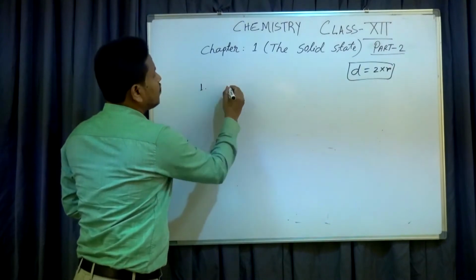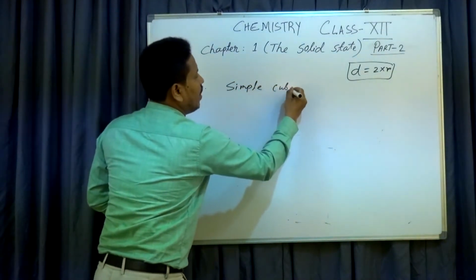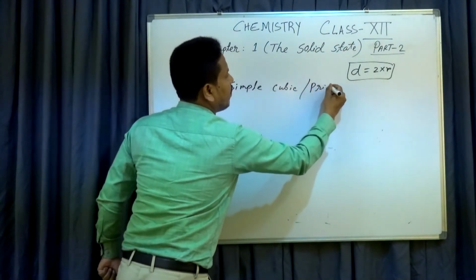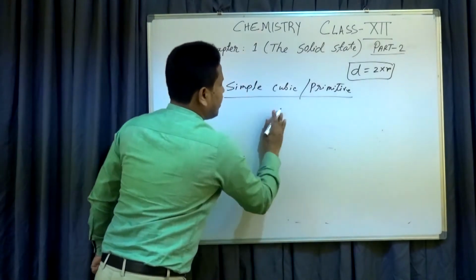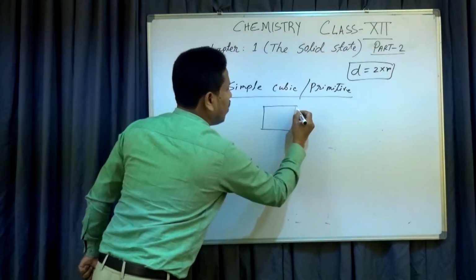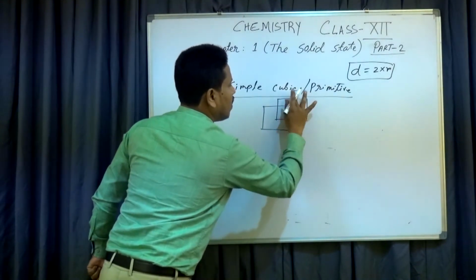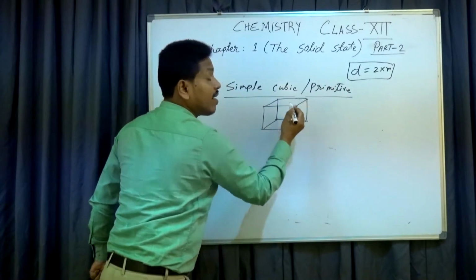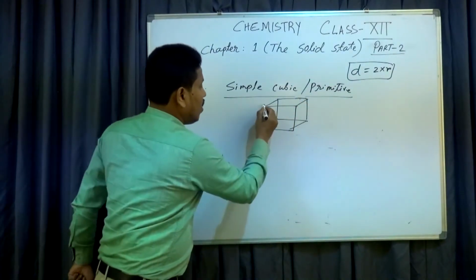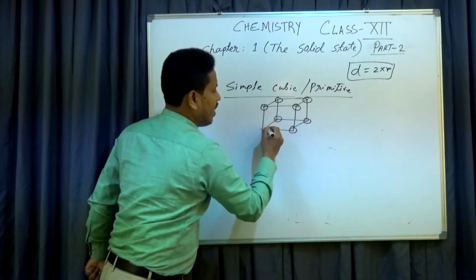The first case is simple cubic, that is primitive. Already I have mentioned that in simple cubic, atoms are located at the corners. 1 atom, 2 atom, 3 atom, 4 atom, 5, 6, 7, 8.